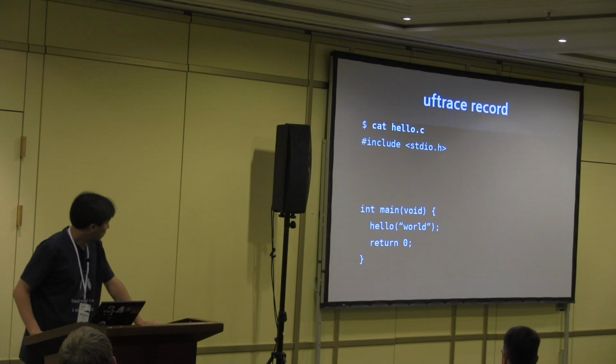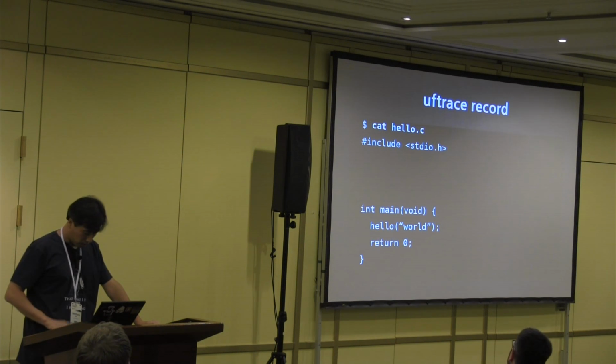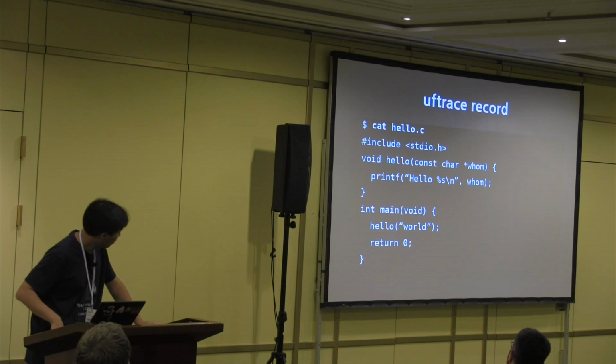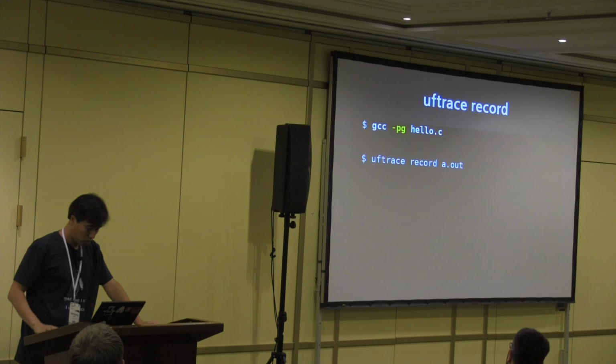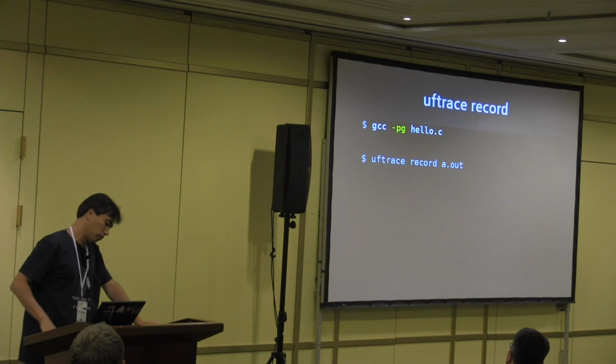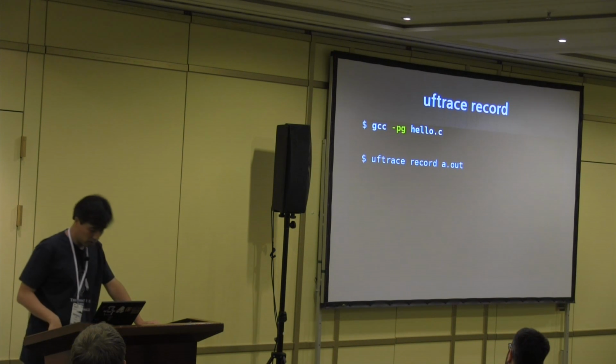So consider the following example. It's a very simple program that just calls the hello function, and the hello function calls printf with the message. In order to run it with uftrace, you need to compile it with the instrumentation code. In this case, it uses the -pg option.